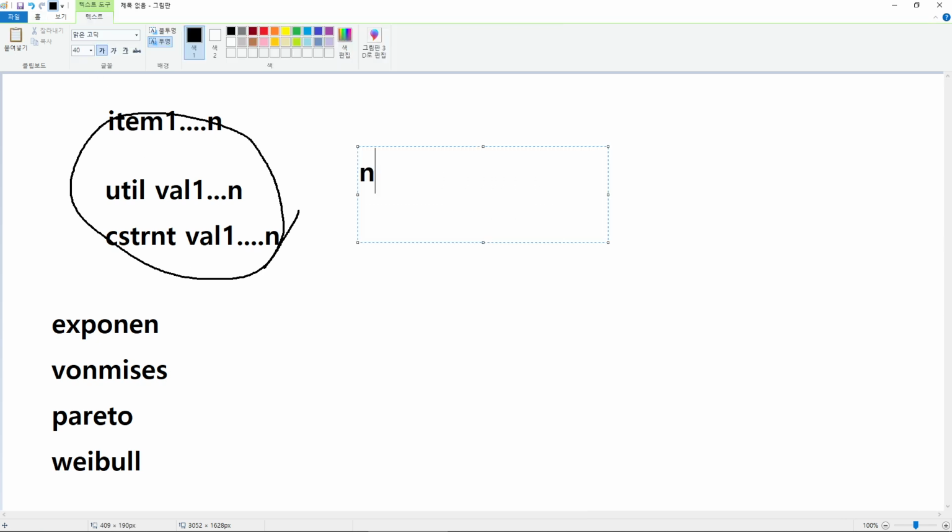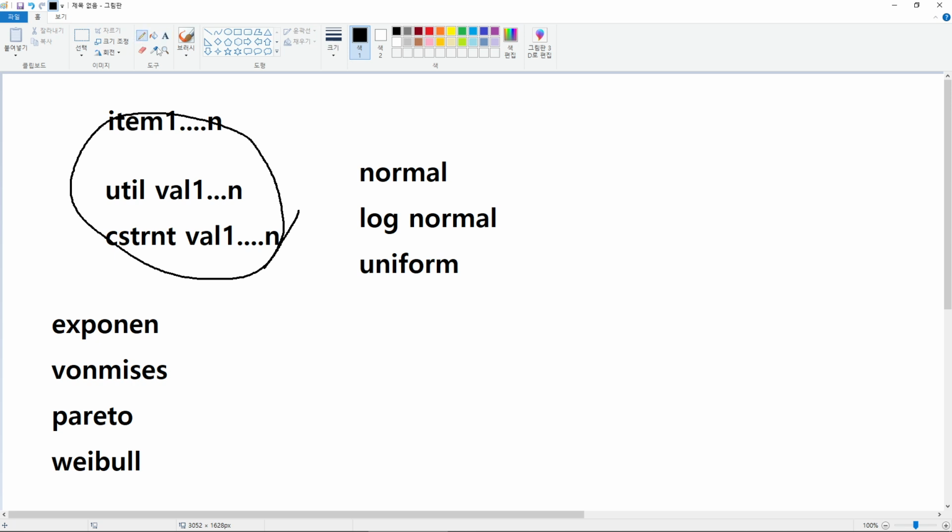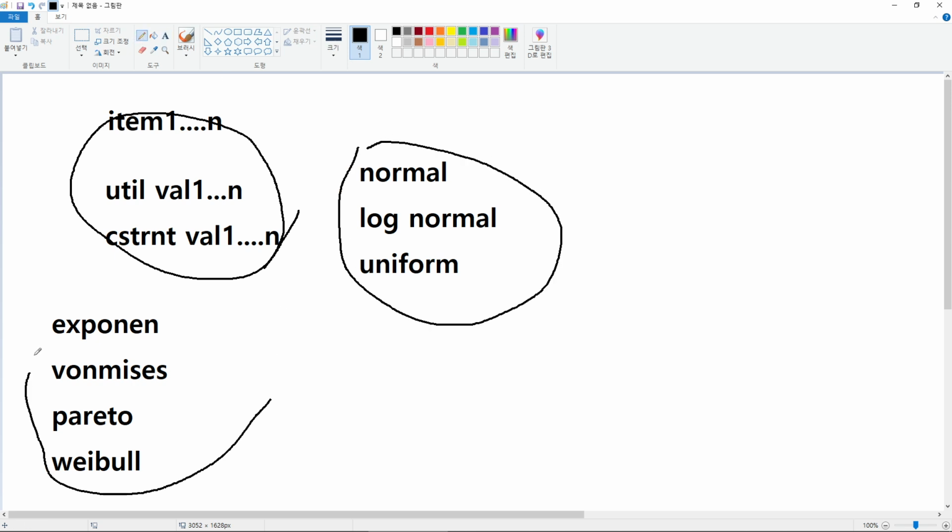Let me type that again. Normal, log normal, uniform. Yeah, so that's why I have 7 files.